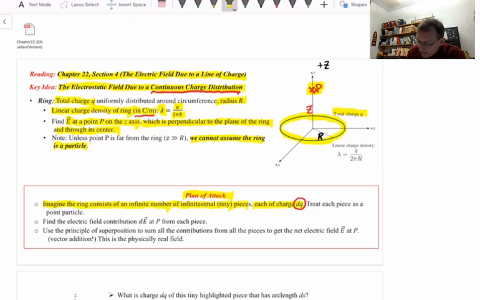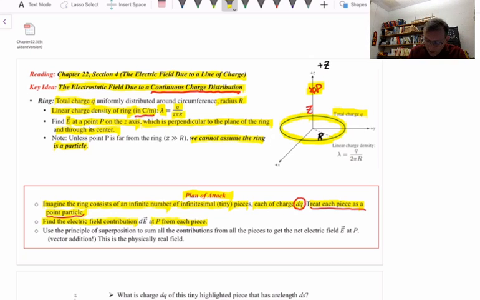Now, we get to treat each of these pieces as a point particle because it's so small. That's really important. Treat each piece as a point particle. It takes an infinite number of those pieces to make up the total ring, but any one piece can be treated as a particle. Next, we'll find the electric field contribution at point P from each piece.